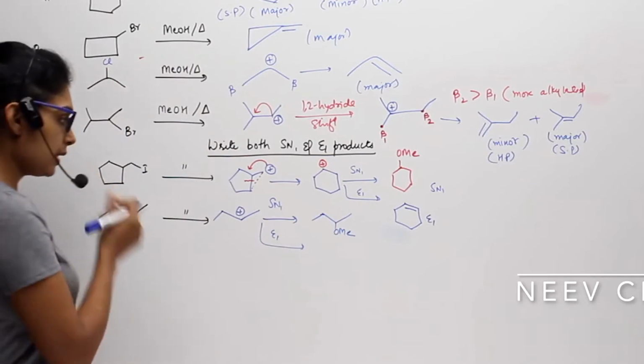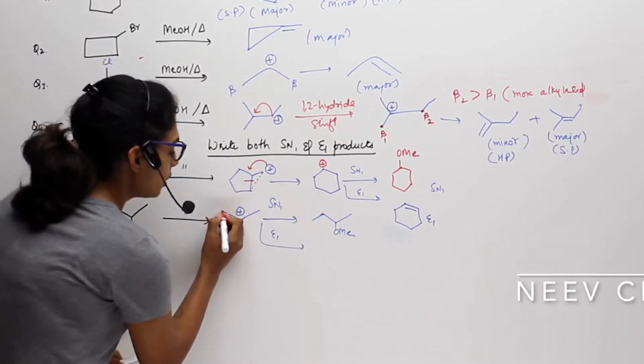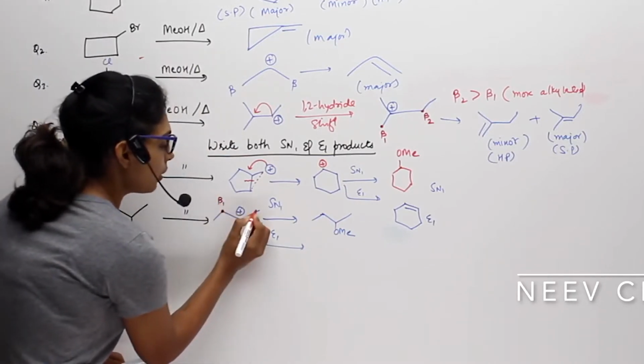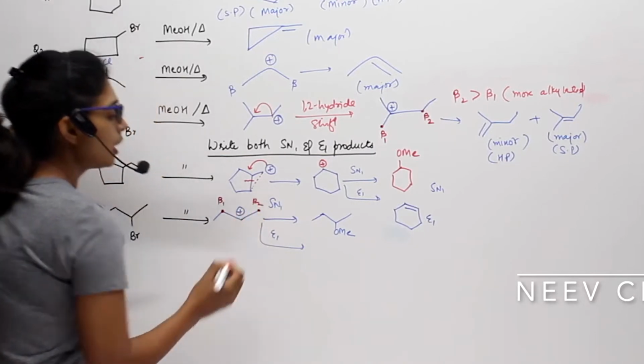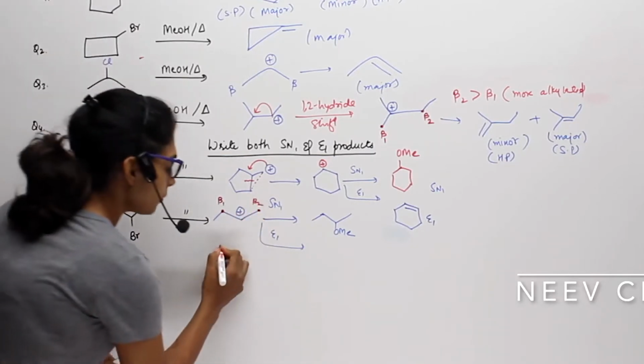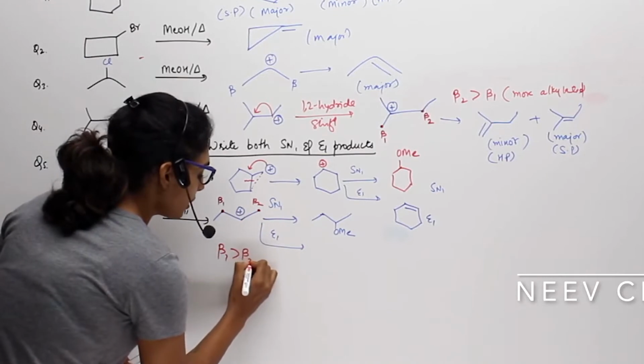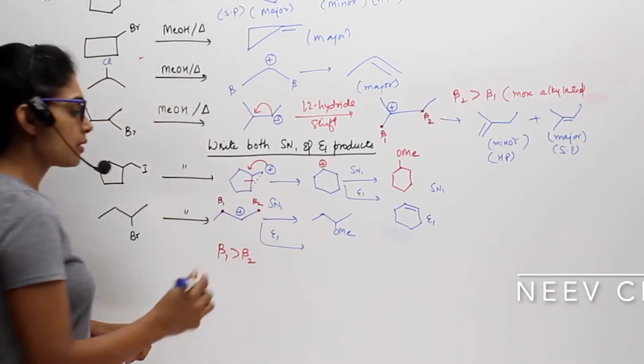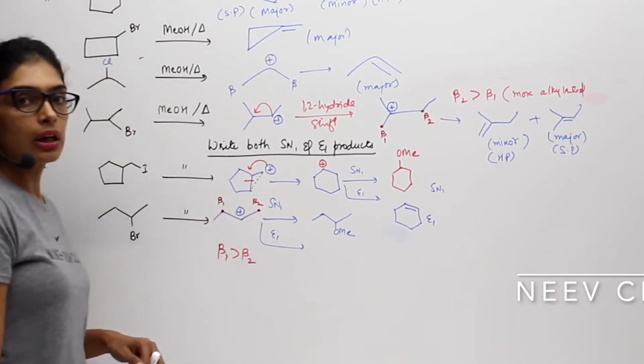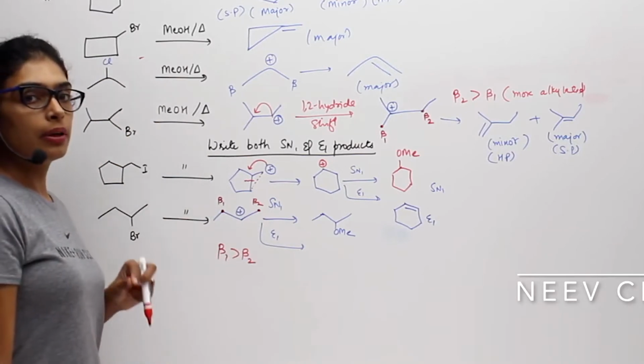If E1 takes place, now we have two situations over here. One is the beta carbon 1 over here and this is beta 2 over here. Beta 1 is more alkylated than beta 2, and hence removal of hydrogen from beta 1 will give you the Saytzeff product.